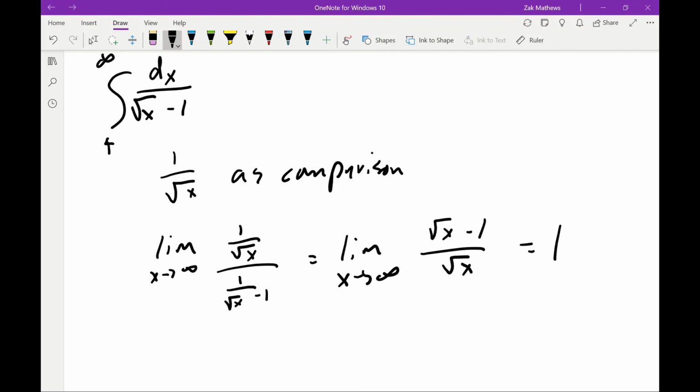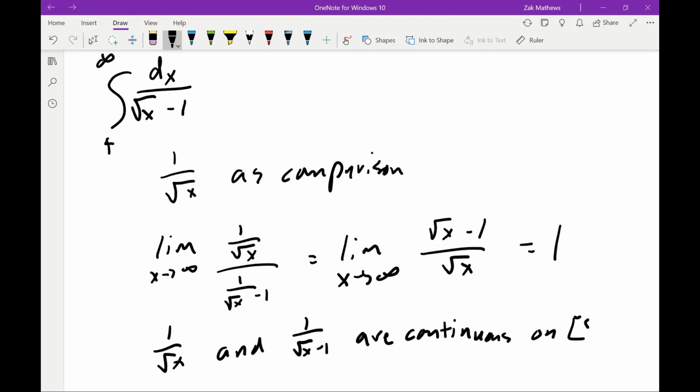I should also note that these functions are continuous. 1 over the square root of x and 1 over the square root of x minus 1 are continuous on the interval. Are they continuous from negative infinity to infinity? No, they aren't, but we're going from 4 to infinity.